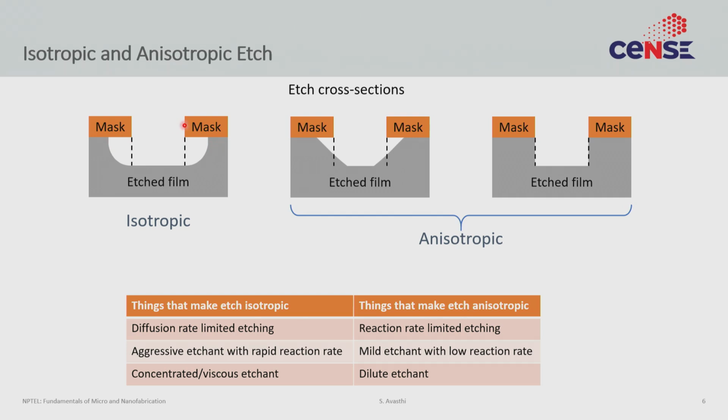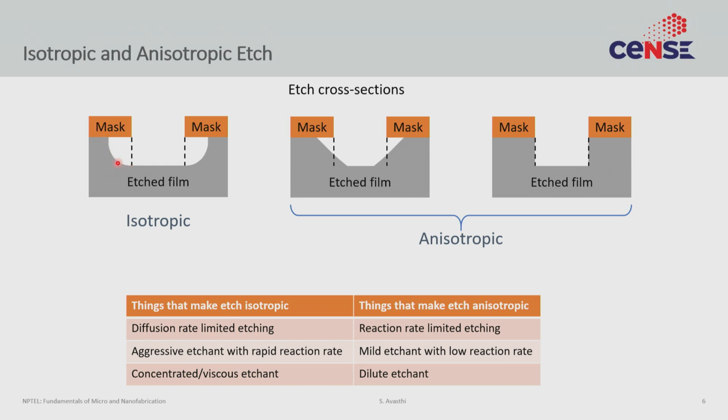Now this becomes problematic for etching depths that are either too thick or for openings that are too small. So any time your opening becomes the same size as your etching depth, you need to start worrying about the impact that isotropic etches will start having on your feature sizes.